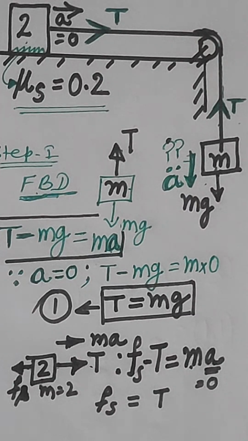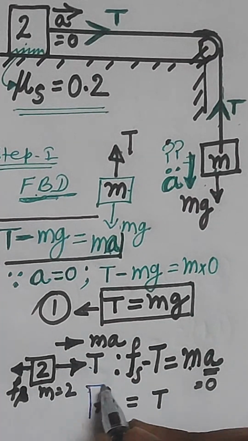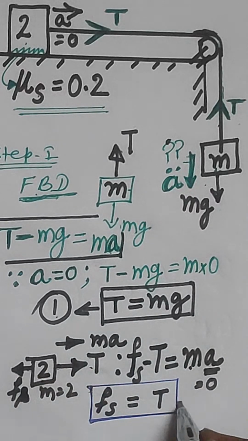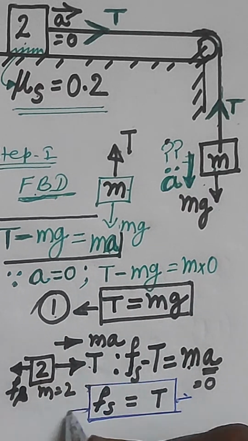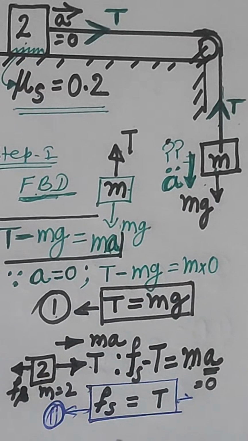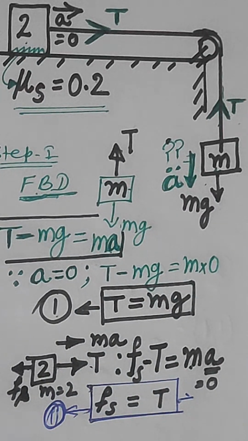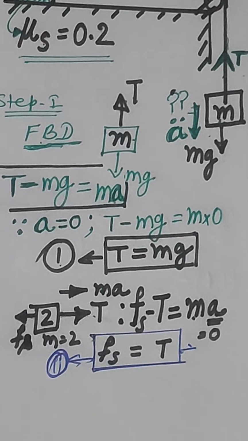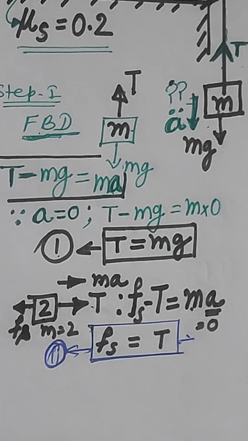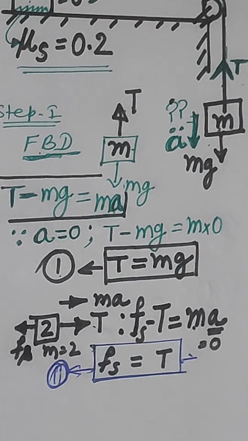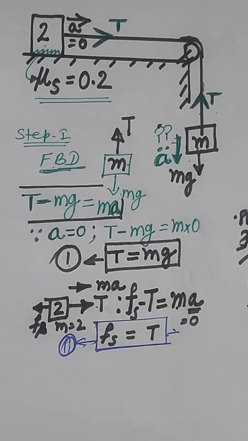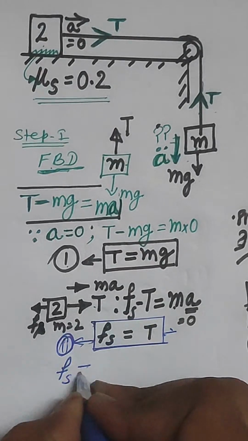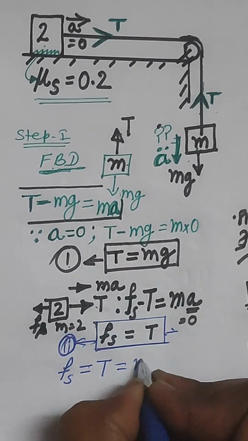Fs is equal to T can be equated with equation number 1. Let's say this is equation number 2. So from 1 and 2 we can write Fs is equal to T is equal to mg.